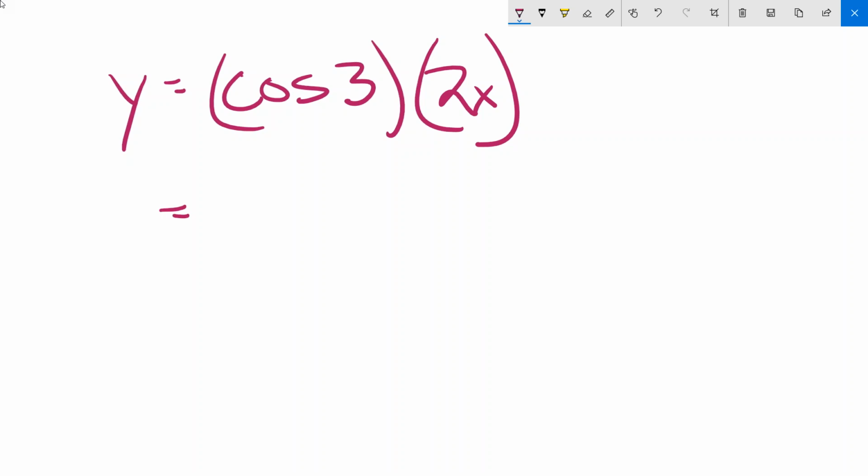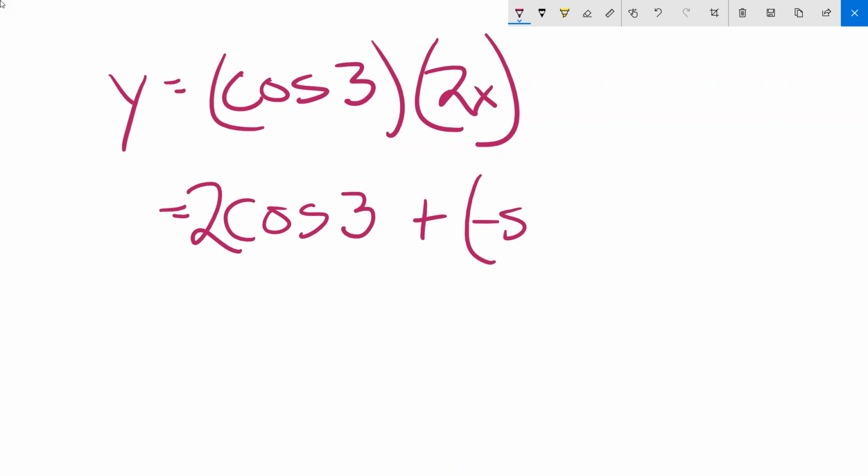So this would mean that it's cosine of 3 times 2x plus the negative sine of 3 times 2x.